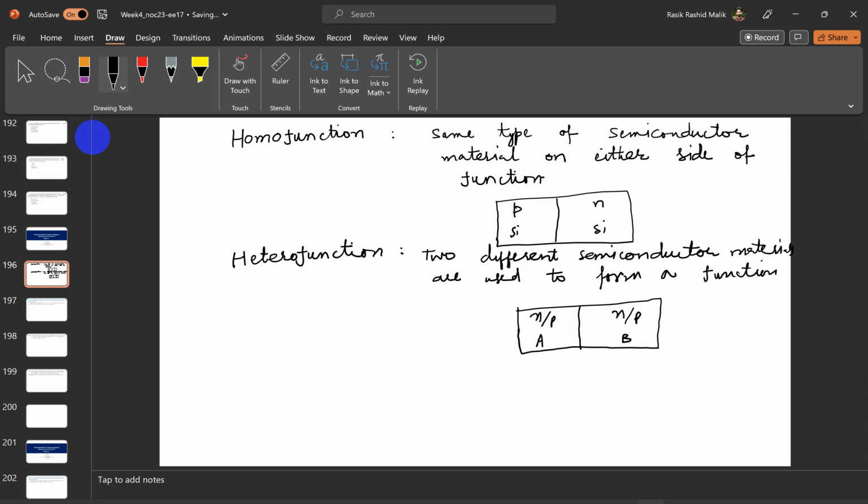In the heterojunction, since the two materials can have different energy band gaps, there will be energy discontinuity at the junction interface. I will write this point over here because this is very important.